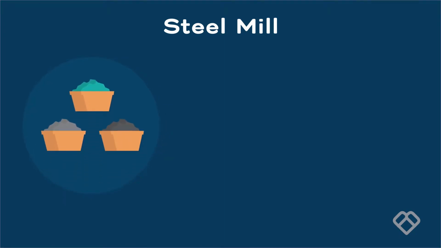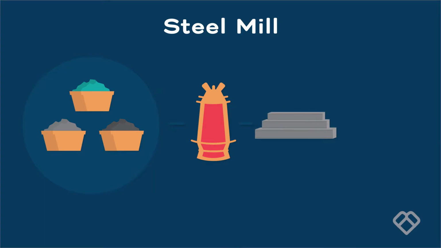You can think of a logic model in terms of a factory. Imagine a steel mill. The inputs for the steel mill would be the raw ingredients: coal, iron ore, and limestone. And then the activities the steel mill engages in is heating the materials up in a blast furnace and going through various stages until you reach the outcome, or an intermediate outcome you might call it, which is fabricated steel.